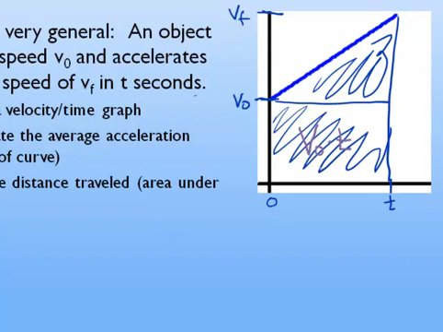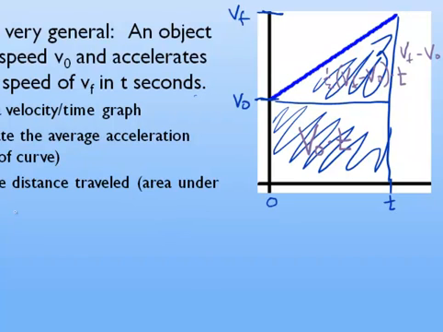And so multiplying those together is simple enough for the area there. This triangle is Vf minus V naught tall and time wide. Remember, the area of the triangle is 1/2 base times height. And so the area of this triangle would be 1/2 times Vf minus V naught times the width, time.